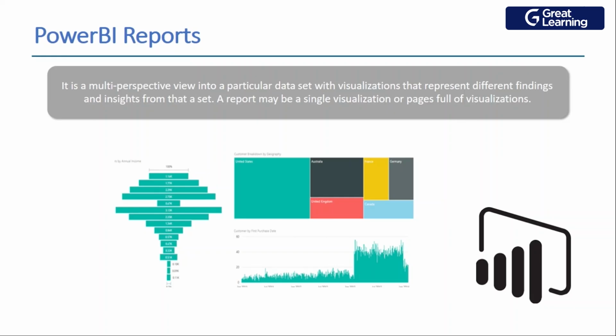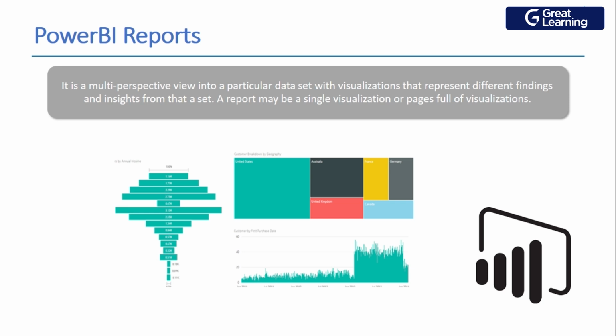Power BI reports are nothing but a multi-perspective view or information into a particular data set, right? With visualizations that represent different findings and insights from that data set. So we are referring to a single data set, as I mentioned.